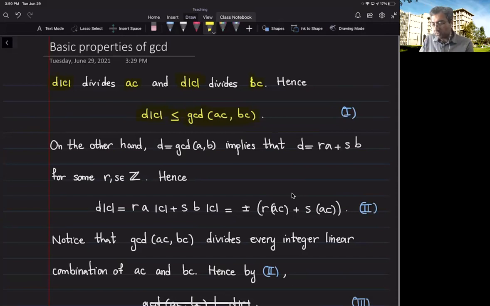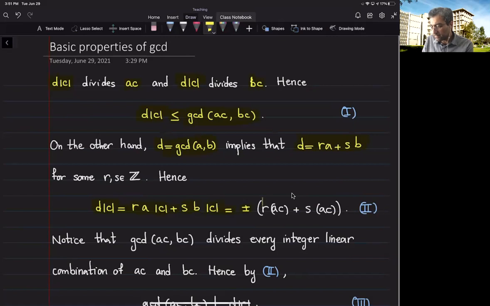Now let's go back to the result that we have proved about GCD, meaning that because D is GCD of A and B, it can be written as an integer linear combination of A and B. Let's multiply both sides of this by absolute value of C. We get that D times absolute value of C is RA plus SB times absolute value of C. Remember, absolute value of C is either plus C or negative C. So I can factor out the sign of C. It's either plus or minus.